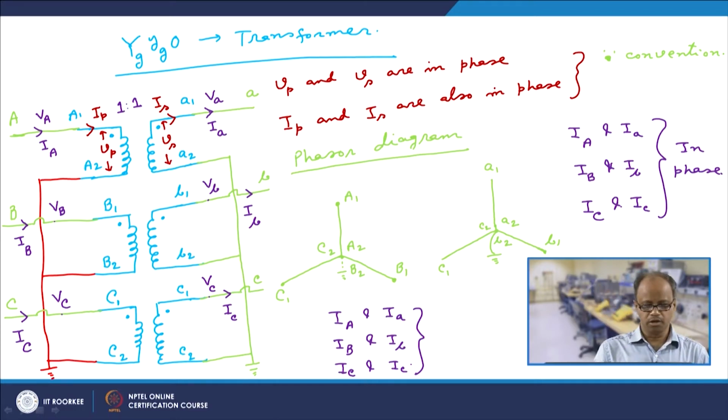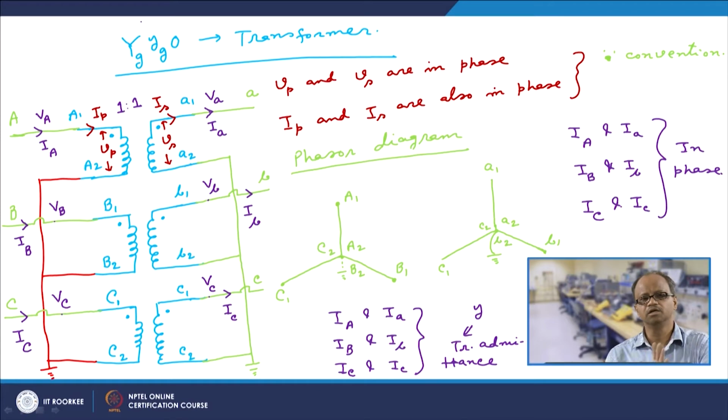Now, suppose the transformer leakage impedance is Y. This is the transformer admittance. It is basically transformer leakage admittance. So, essentially what we are doing, we know that for a transformer there is essentially a series branch and also a magnetizing shunt branch, right.